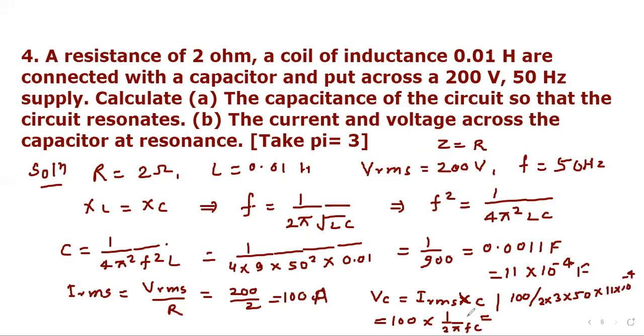If we simplify, so we will get VC equals 303 volt, which is our answer.